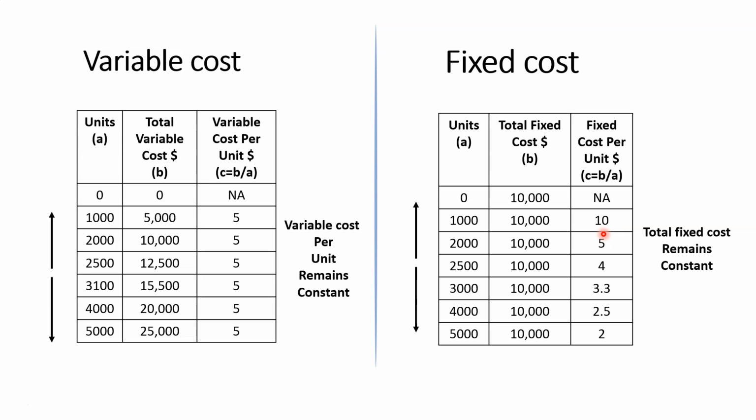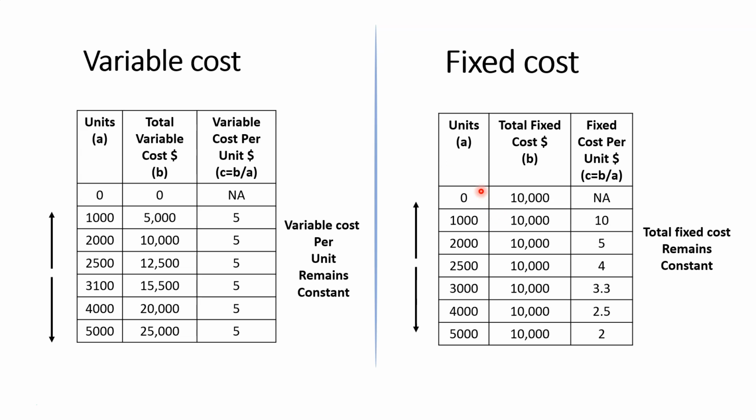So let us try to understand this with an example. Let's say rent of factory. If you have a factory which is on rent, and you are paying $10,000 per year, then that $10,000 is considered to be fixed cost. So if you decide not to produce any units, then also you will be incurring that cost, the rent of that factory.